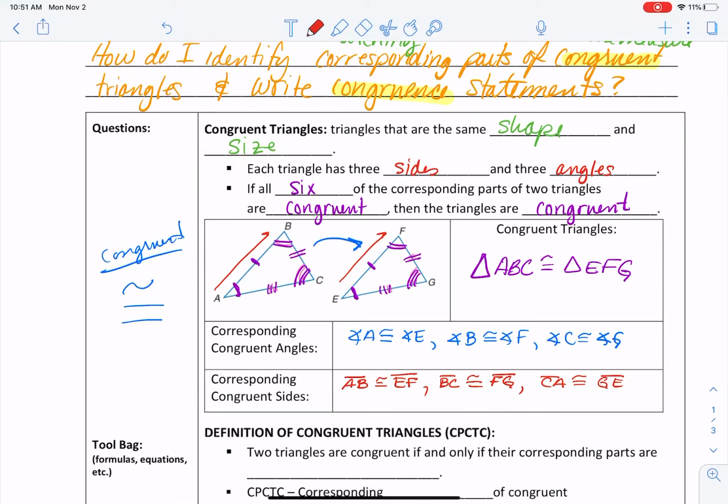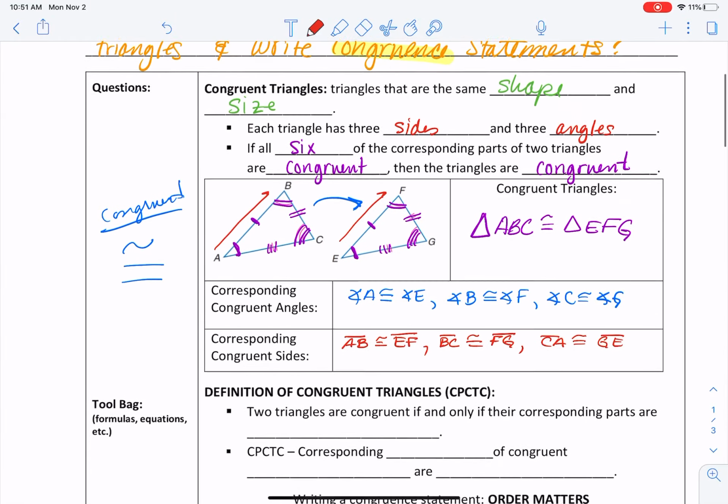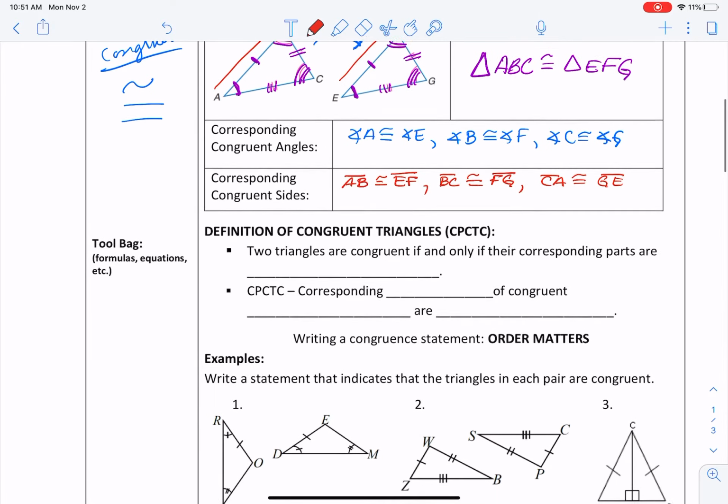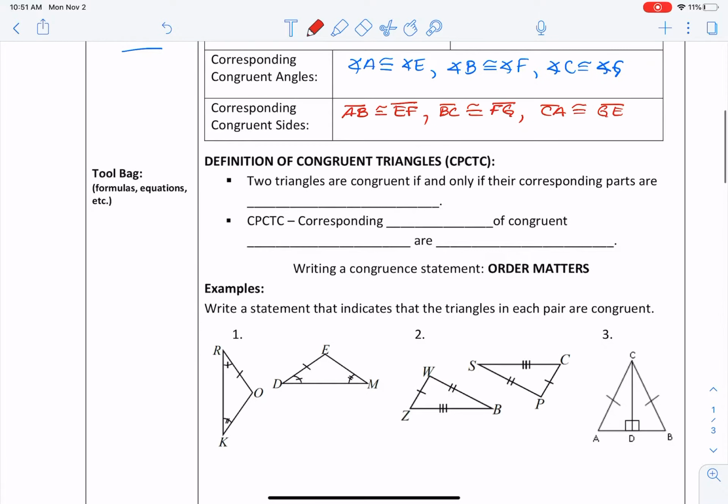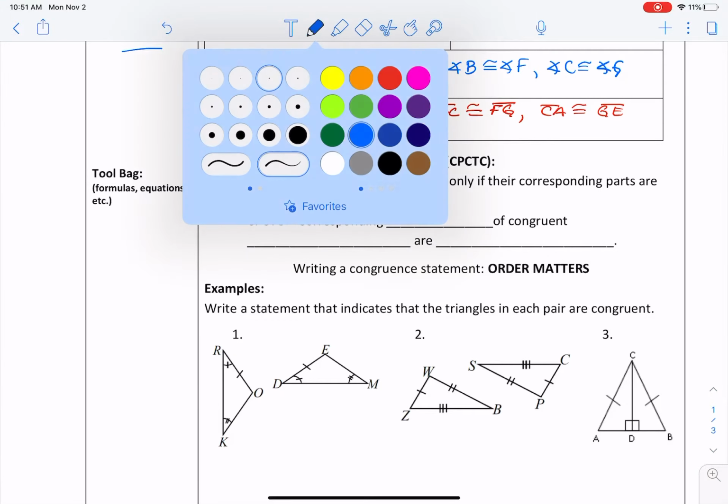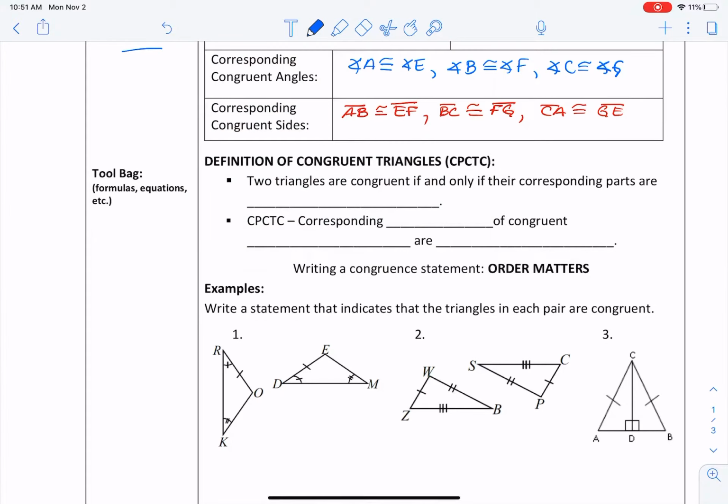Remember that in math we can't just say that 2 things are congruent or equal or similar or any other definition without having some sort of proof. And that proof comes from one of the following statements. Either I can say that 2 triangles are congruent if their parts are congruent. So if I can prove that all the parts are congruent, then I can say the triangles are congruent.